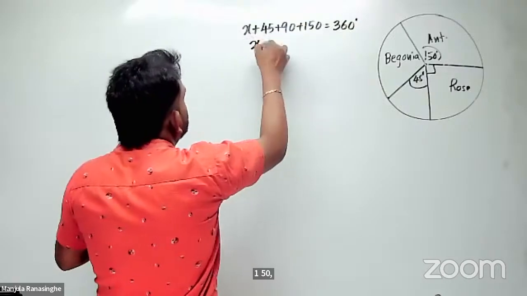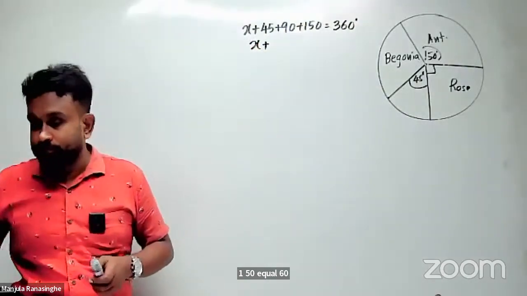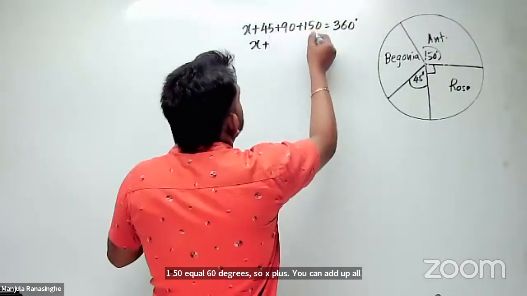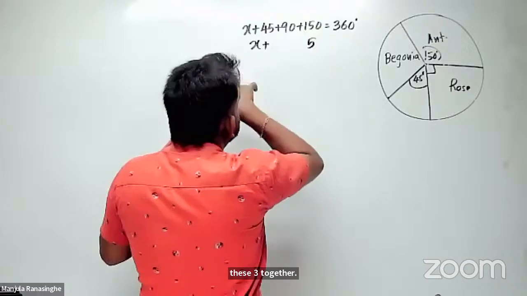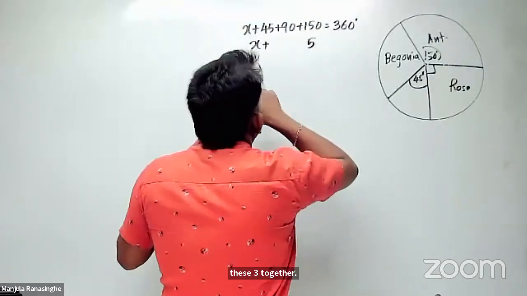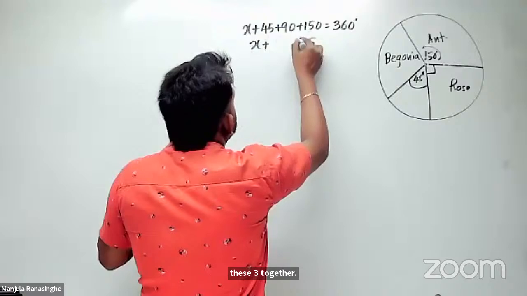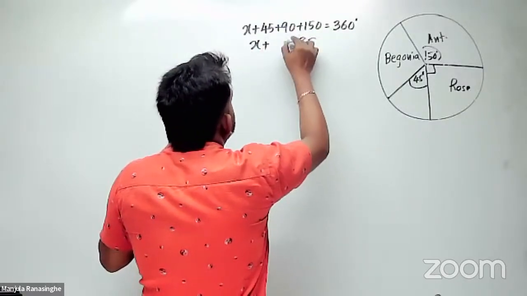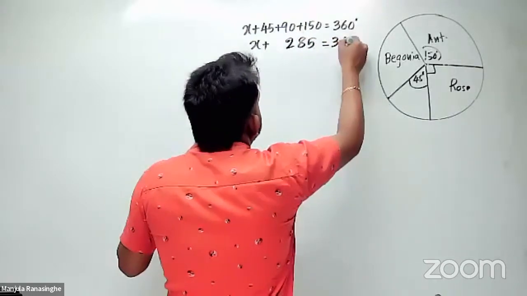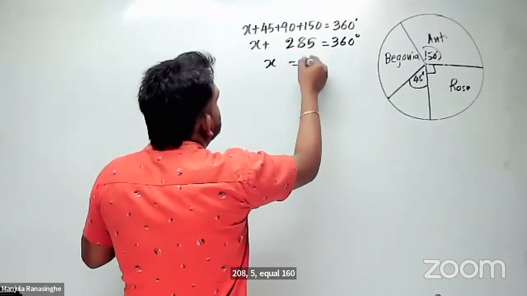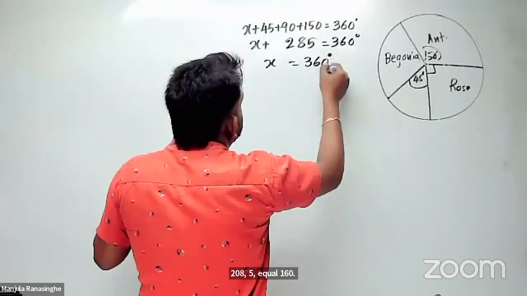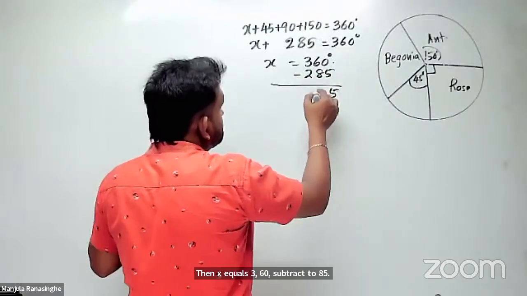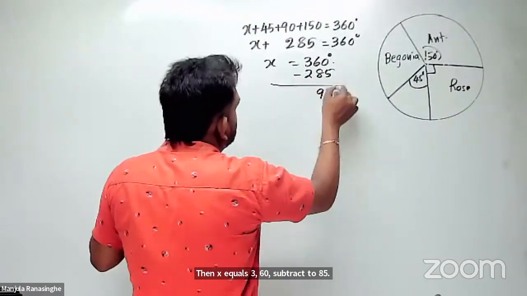So x plus, you can add up all these three together, 285 equals 360. Then x equals 360 subtract 285, 95 degrees.